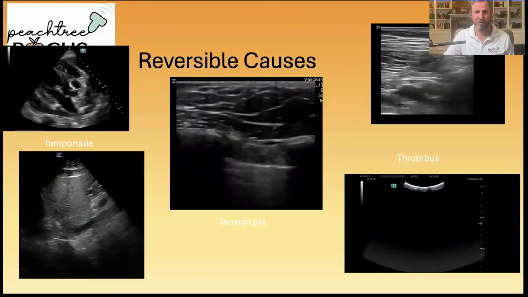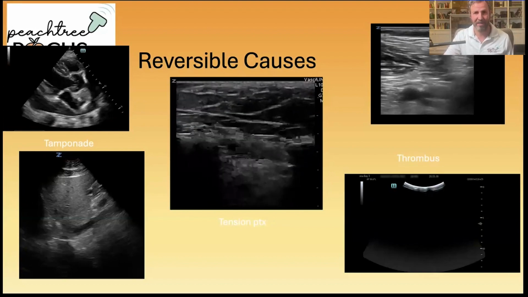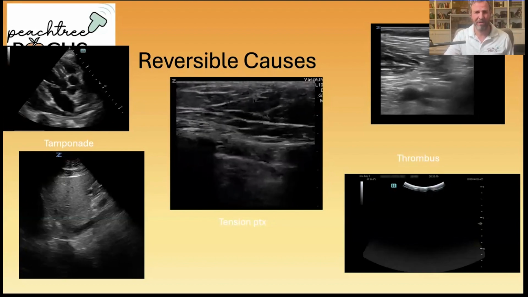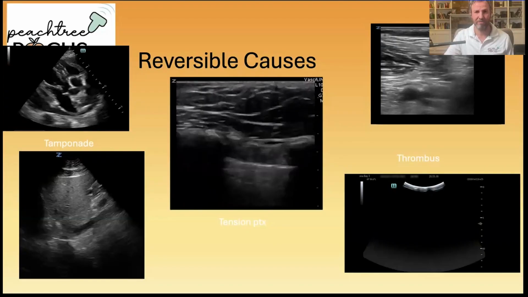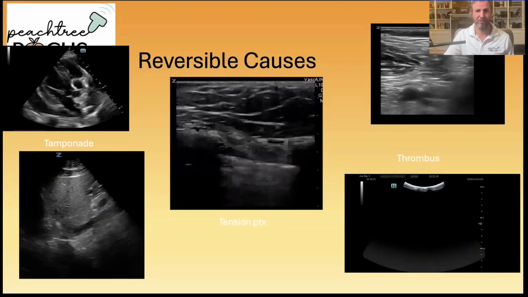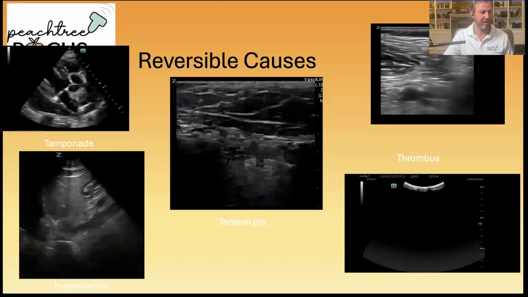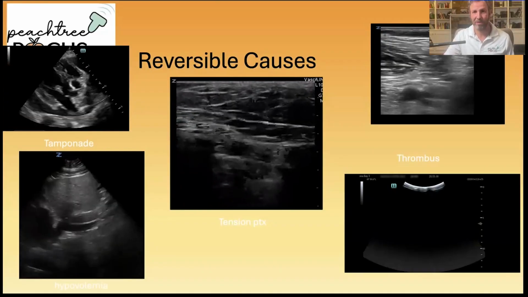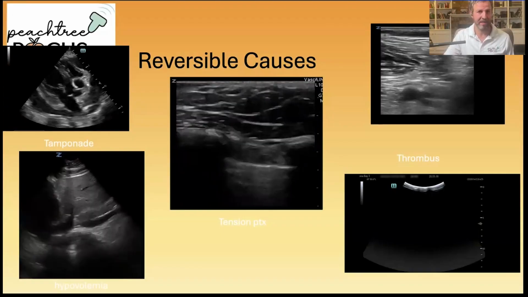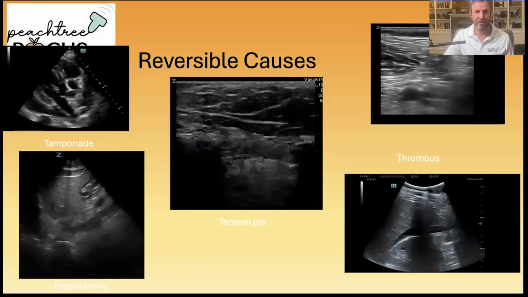Now, it's important to note that the right ventricle often dilates in cardiac arrest, so the right ventricle itself isn't always specific, but if you actually find a DVT, that's a big clue that a PE might be behind the cardiac arrest. There's hypovolemia, so a completely collapsing IVC can point you in that direction.